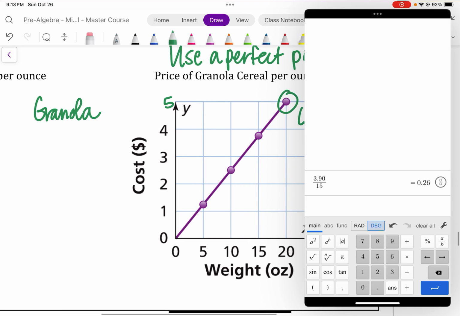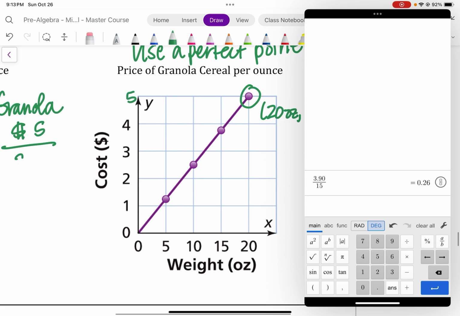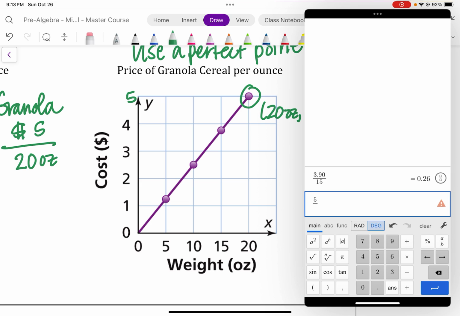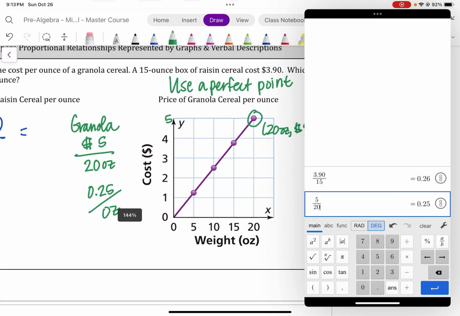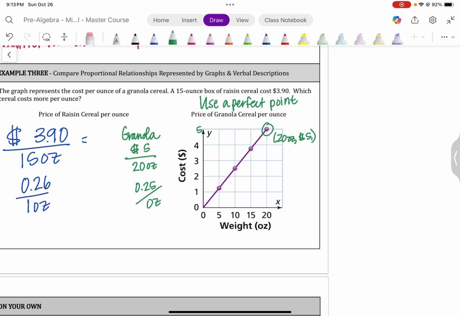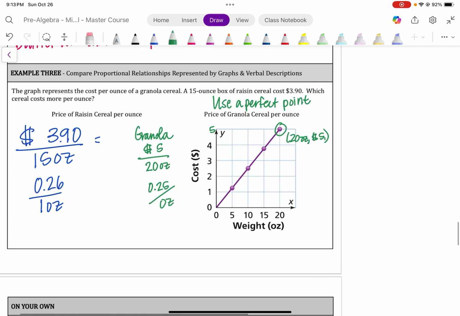So that's $5 over 20 ounces. So let's take our calculator and do 5 divided by 20 is 25 cents per ounce. So these are really close in price. The question is, it's not asking us the better buy, is which cereal costs more per ounce? The raisin cereal.